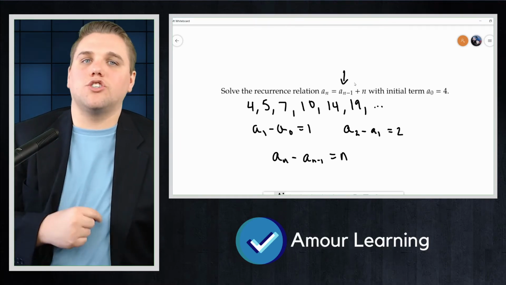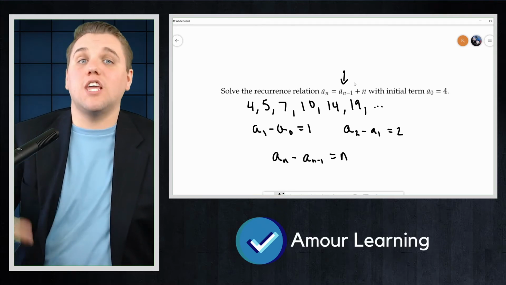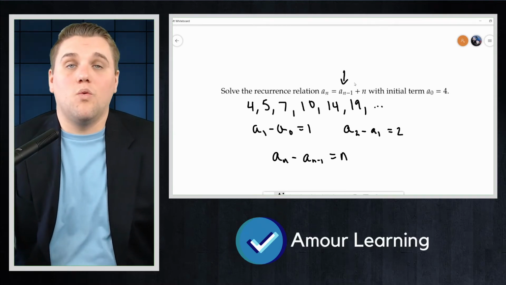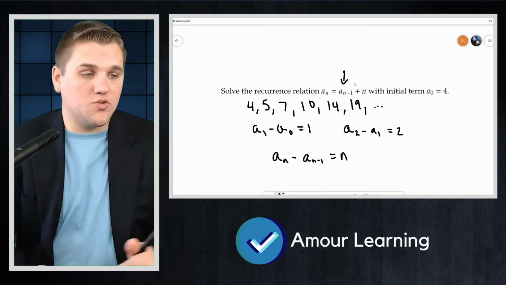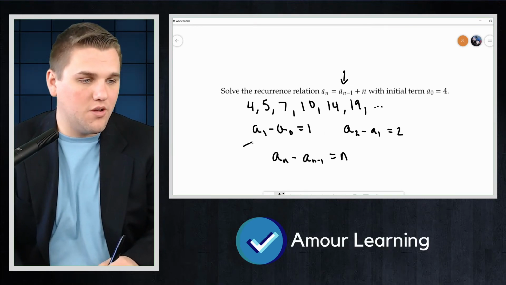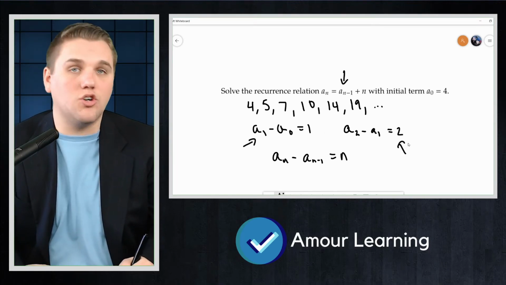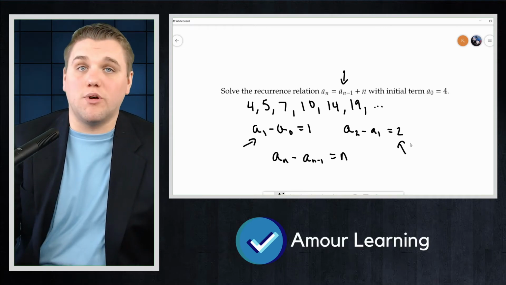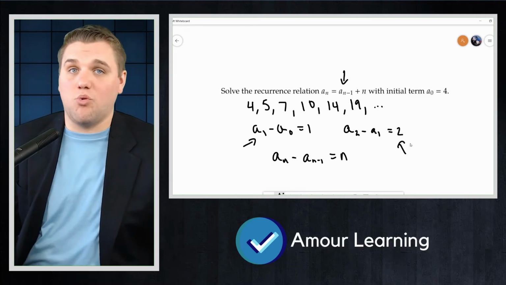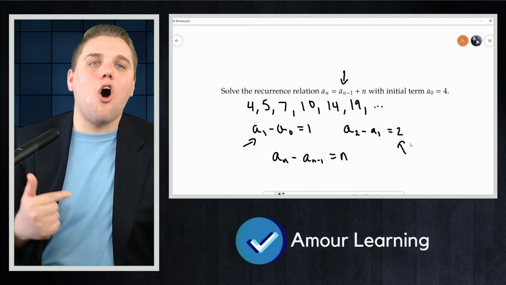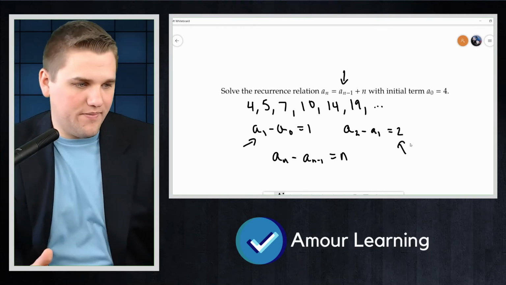Now, use this equation over and over again, changing n each time. We get a_1 minus a_0 is 1, a_2 minus a_1 is 2, a_3 minus a_2 is 3, a_n minus a_{n-1} equals n. Add all these equations together.